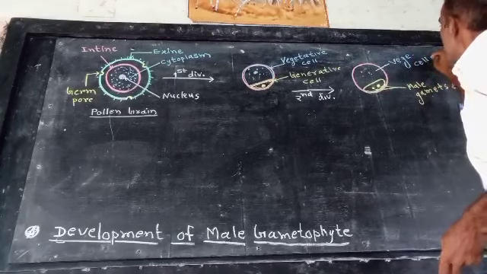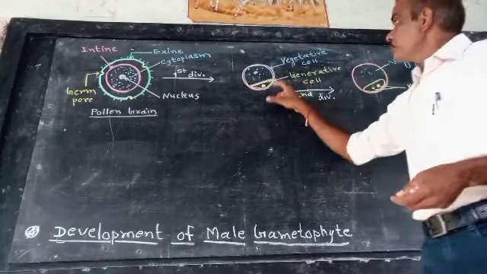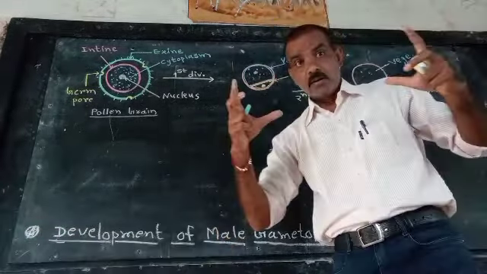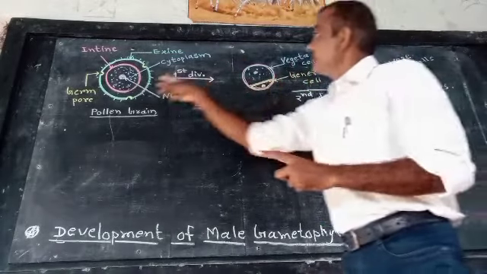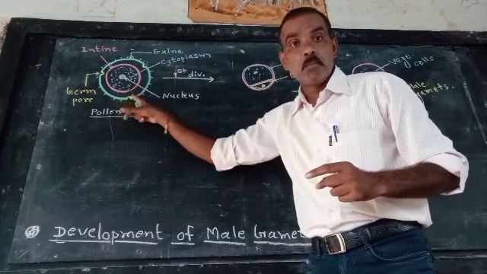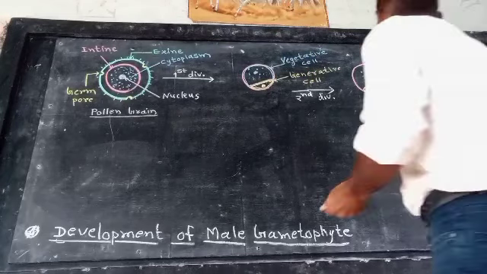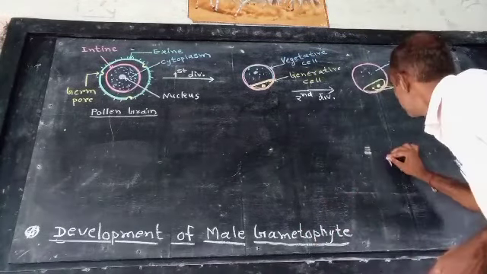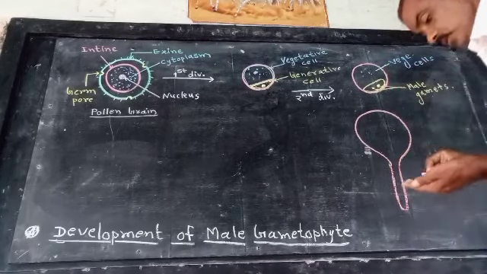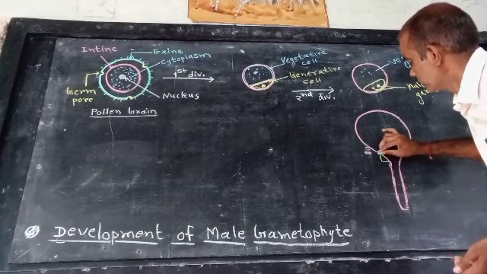Due to that, the intine, which is smooth, swells and comes out through the germ pore.